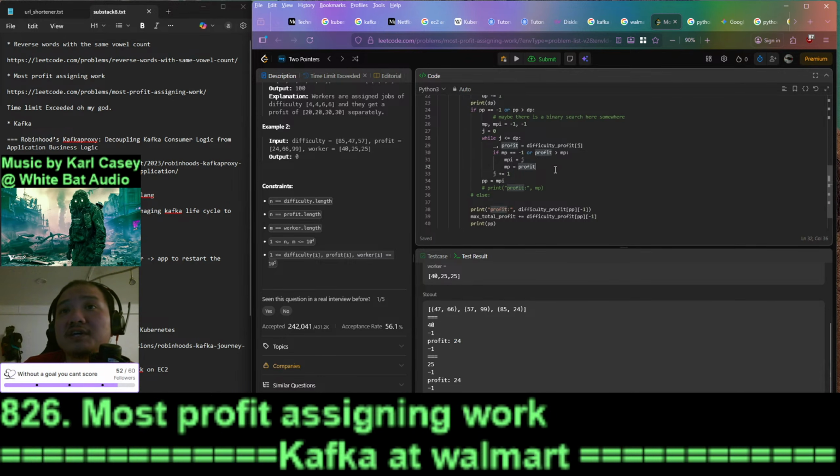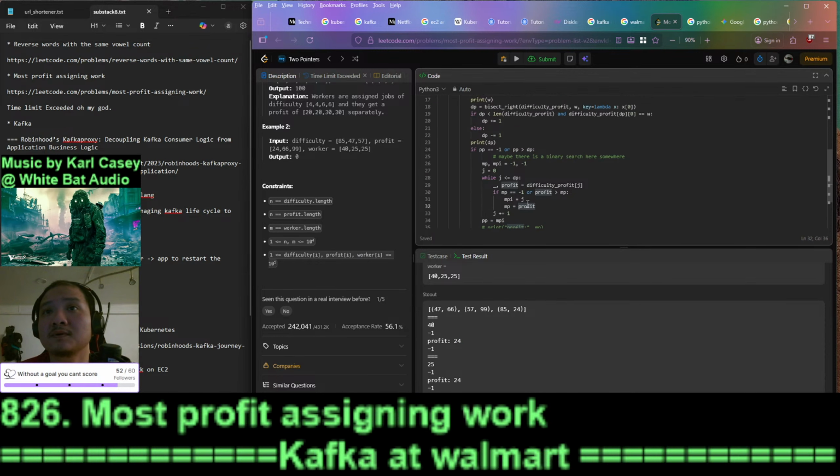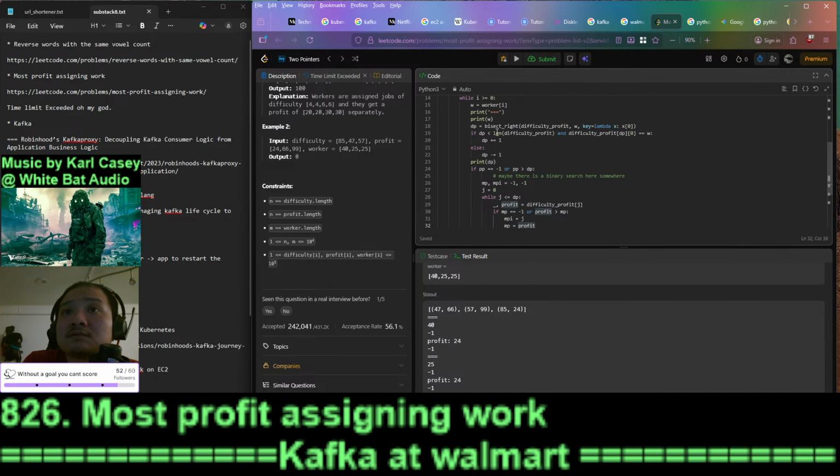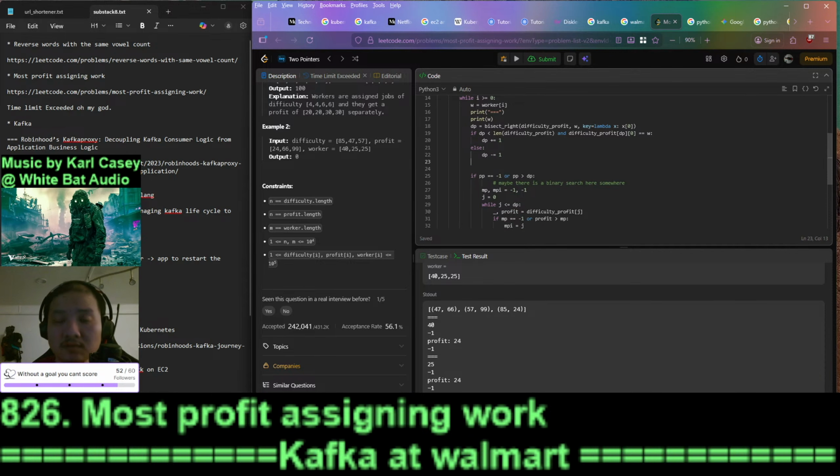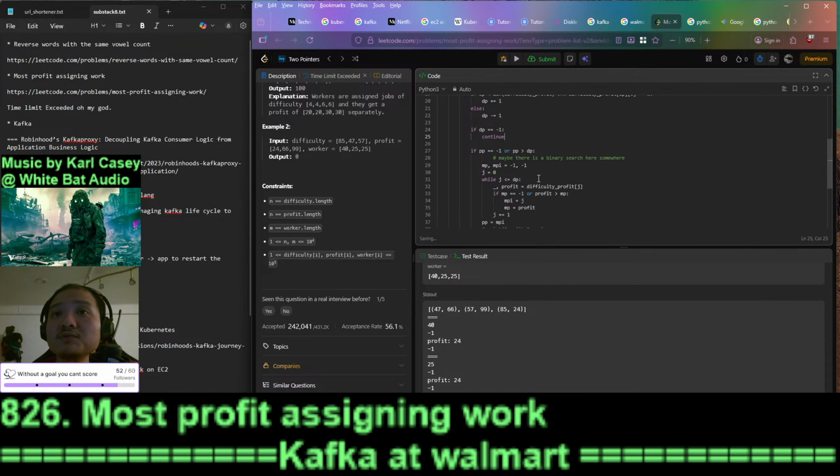We need to do the case where we couldn't find them, and profit is gonna be 40. So 40 here, DP here is -1, right? So we gotta do if DP equal -1, then we continue, right? We don't want to do this.